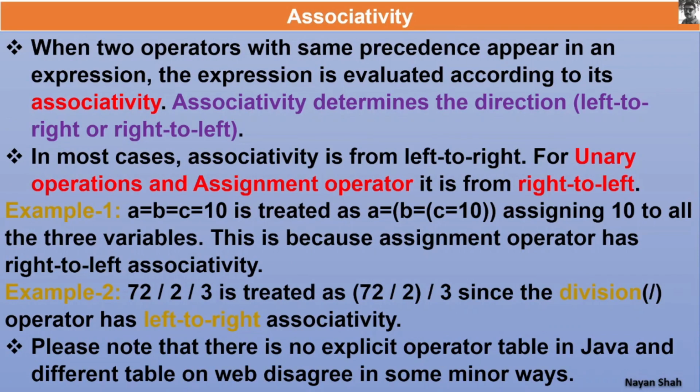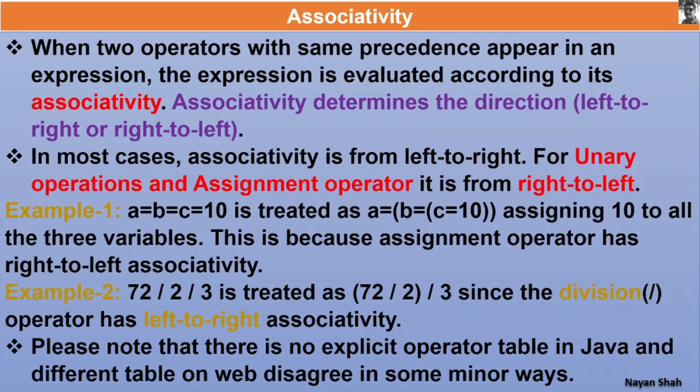Similarly, there is something called associativity. When two operators with the same priority, same precedence appear in an expression, it is something like admission: there is only one seat and there are 3 students with the same percentage. Then what to do? Same here. When more than one operator with the same priority appears in an expression, the expression is evaluated according to its associativity.